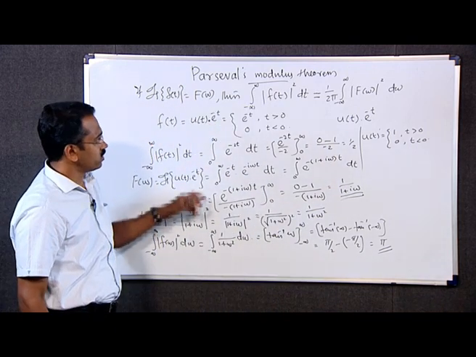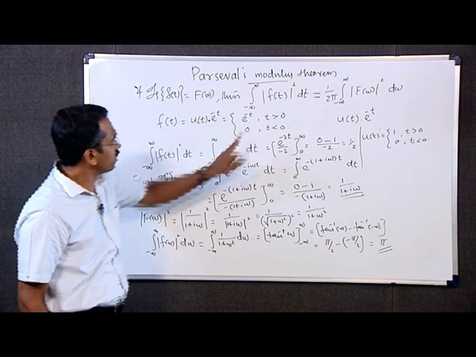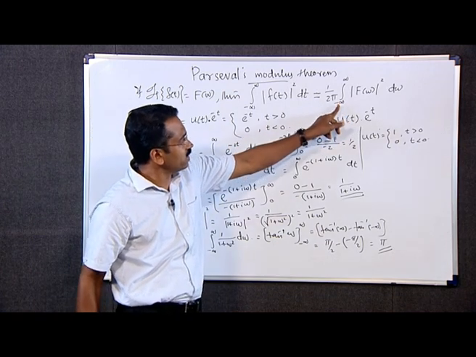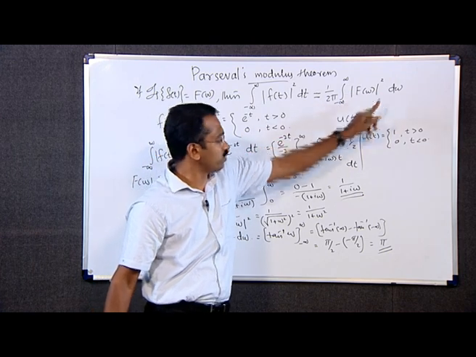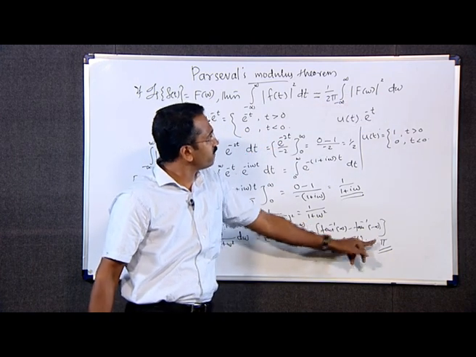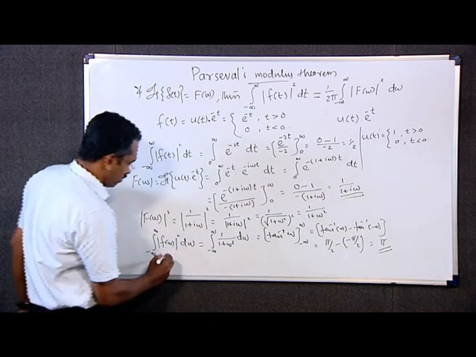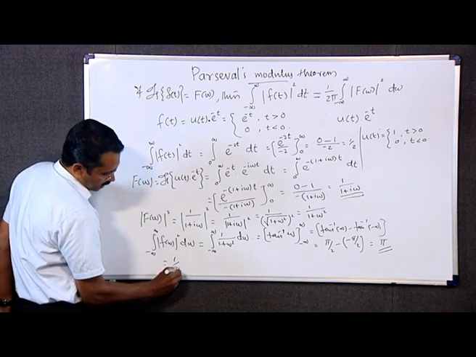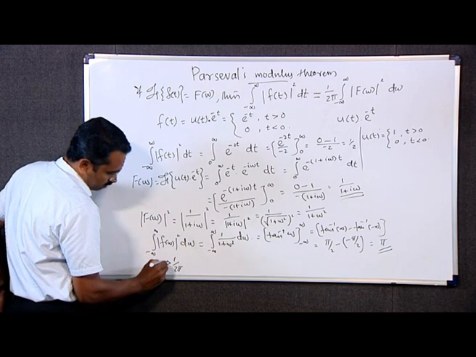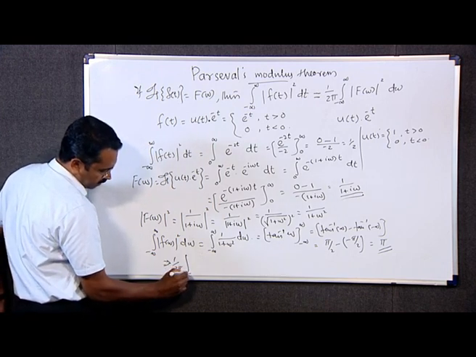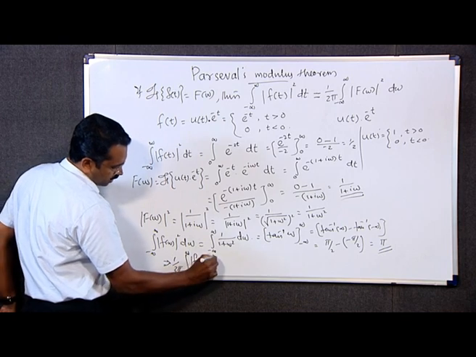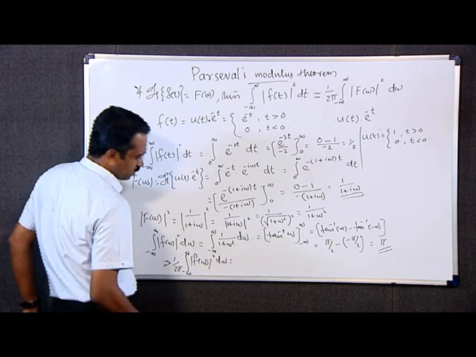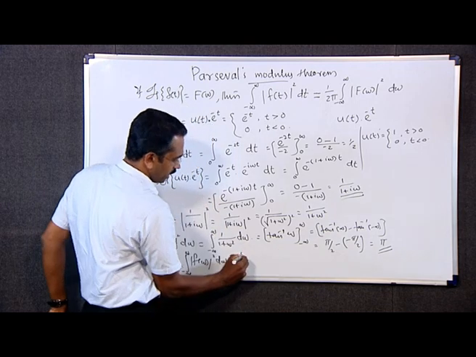Therefore, we can write the right hand side integral, integral from minus infinity to infinity modulus of f of omega squared d omega, is pi. This implies 1 by 2 pi into integral from minus infinity to infinity modulus of f of omega squared d omega is equal to 1 by 2 pi into pi.